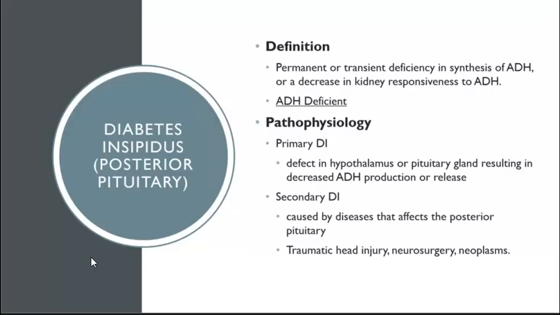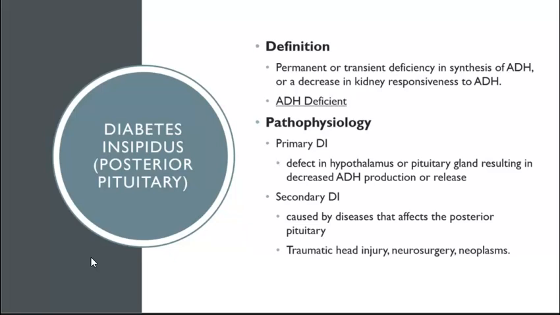Maybe head trauma, maybe there is cancer, now there's scar tissue, maybe the posterior pituitary gland was damaged somehow, and now they're no longer able to make that antidiuretic hormone. So primary is always the gland itself.